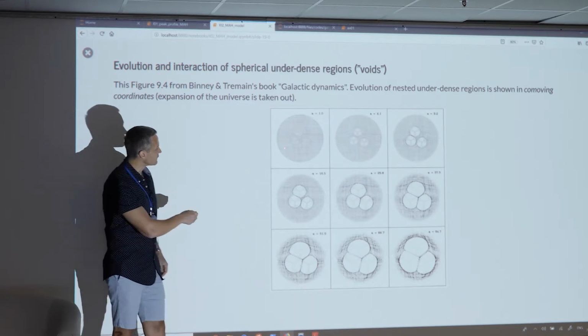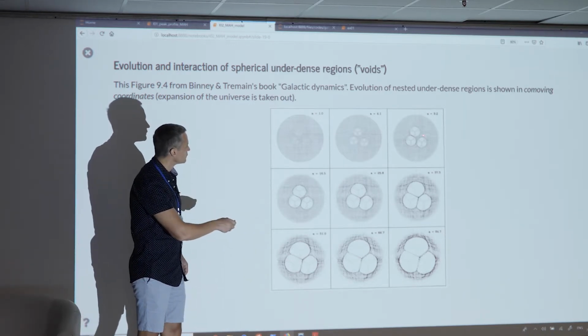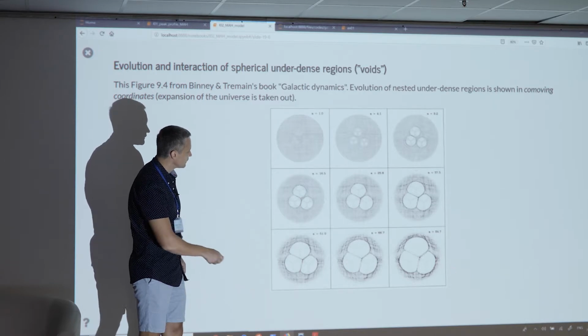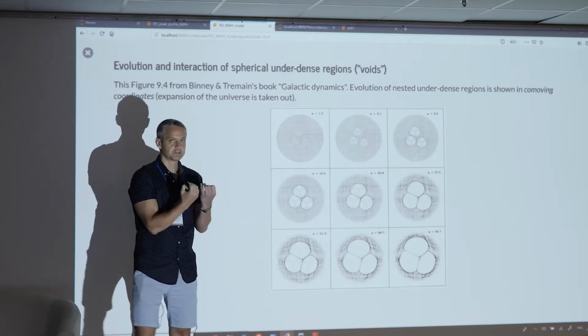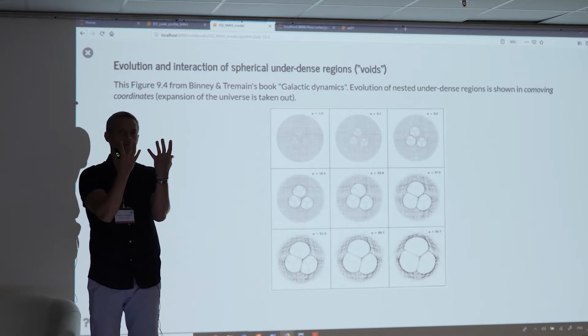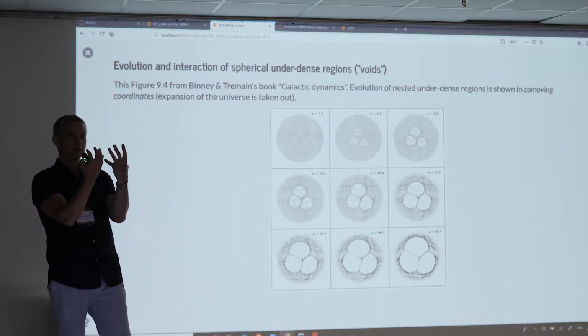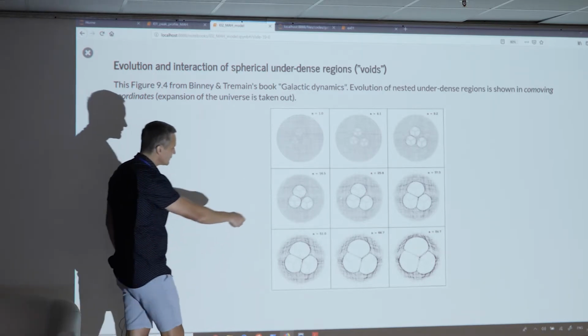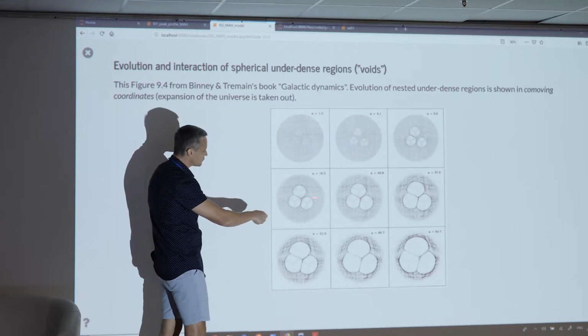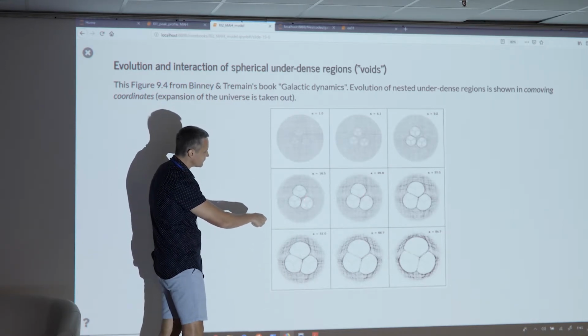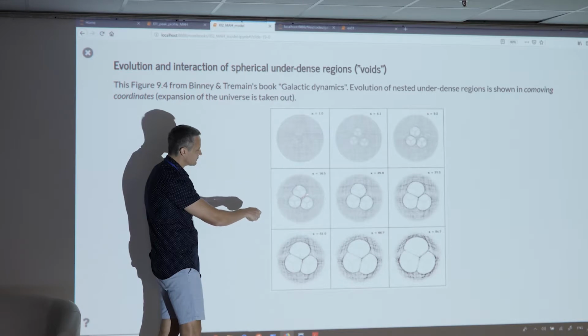As time evolves, from here to here to here, these underdense regions are increasing. They're spherical, so they grow as bubbles, and at some moment they run into each other. For example, here the 2 underdense regions are expanding but still not touching.